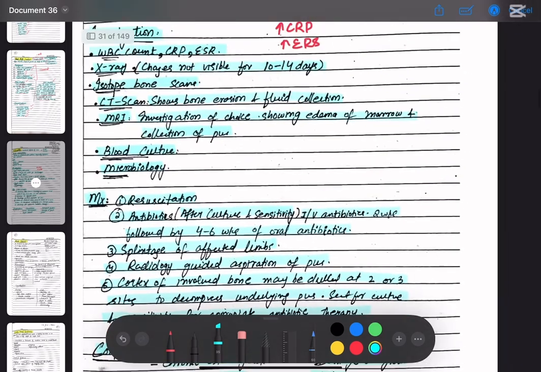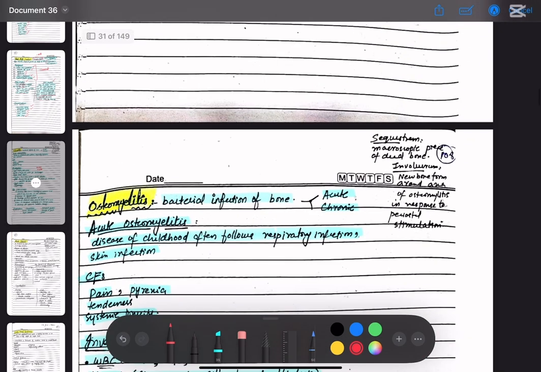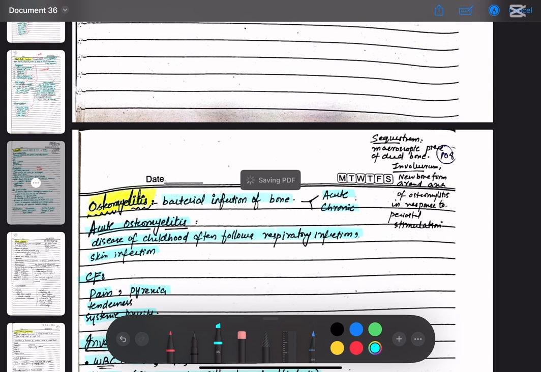Okay, so this is osteomyelitis, and let's revise it. Sequestrum and involucrum. Involucrum is new bone formed.